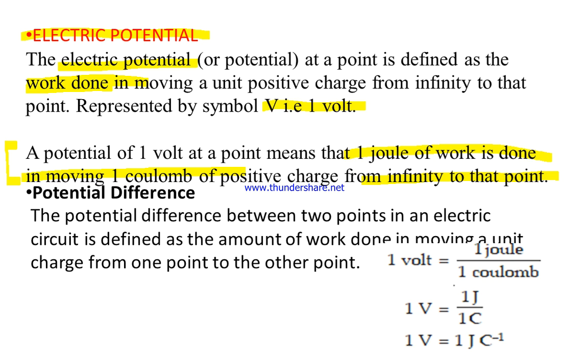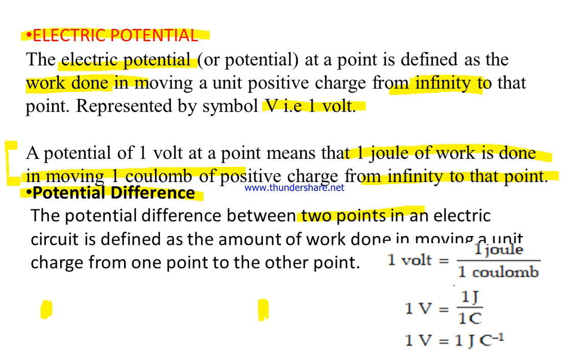Now comes a second point, that is potential difference. The potential difference is actually defined for 2 points. If I say only potential, then it must be defined from infinity to a particular point. But if I call it a potential difference, then you must mention that it is the work done between the 2 points, this first point and the second point.